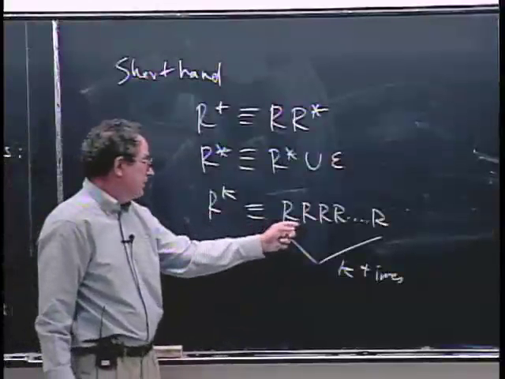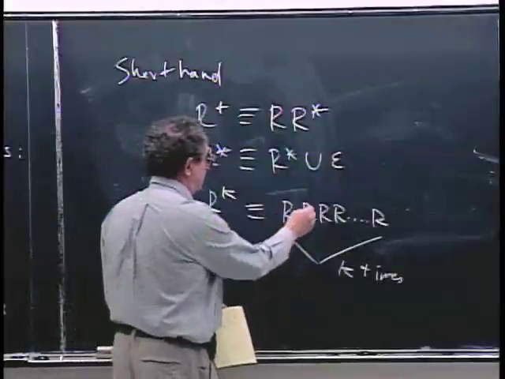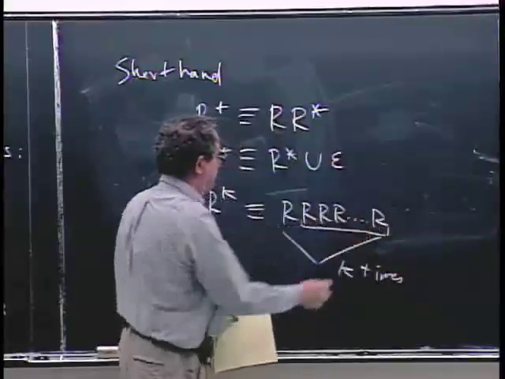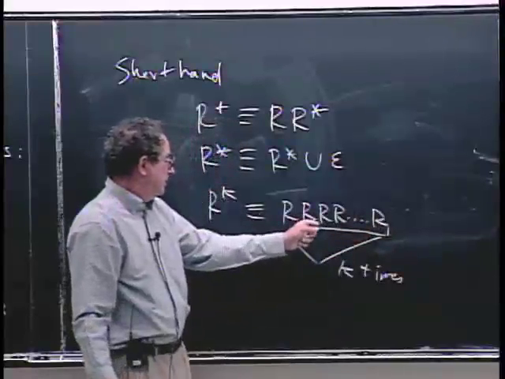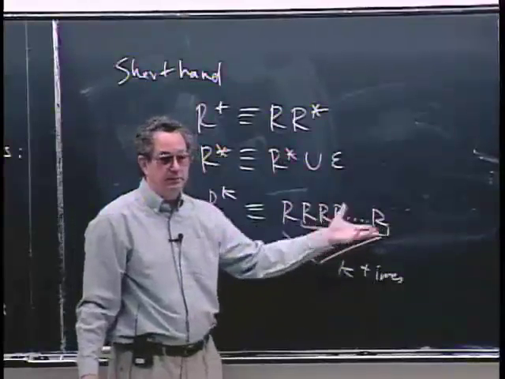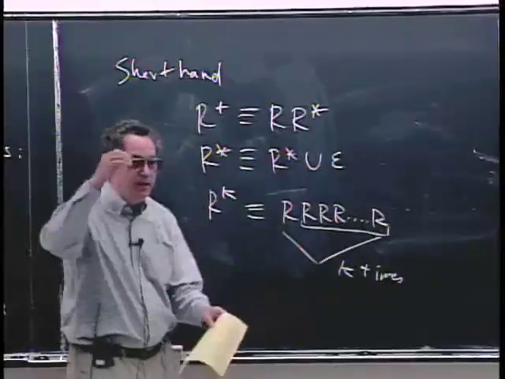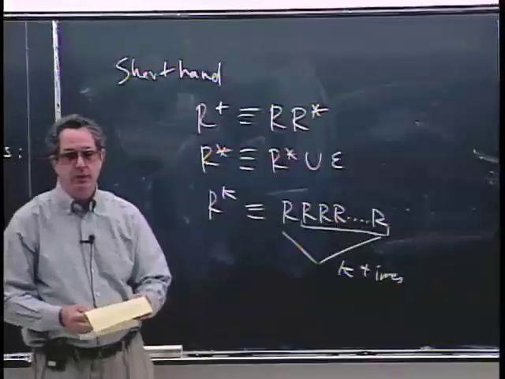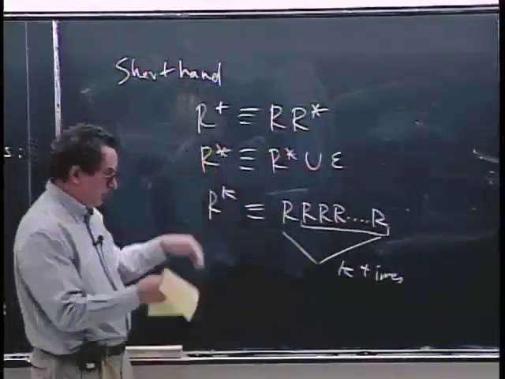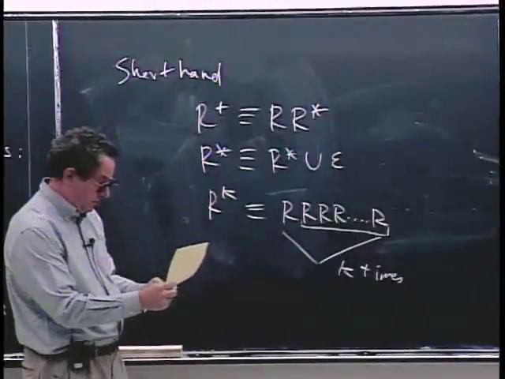Because if R is a regular expression, this is a regular expression concatenated with this, and then inductively, this is a regular expression because this is a regular expression concatenated with that, and so on. Okay, so those are some higher level rules about regular expressions, and also introducing particular shorthands. This is a shorthand, this is a shorthand. Okay.